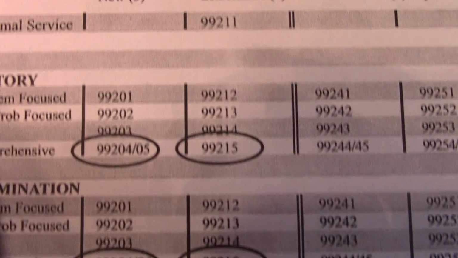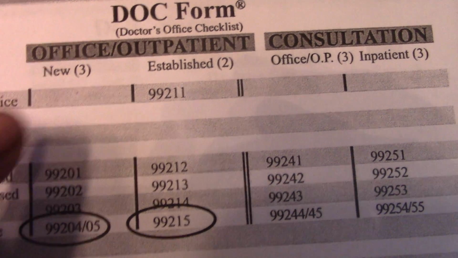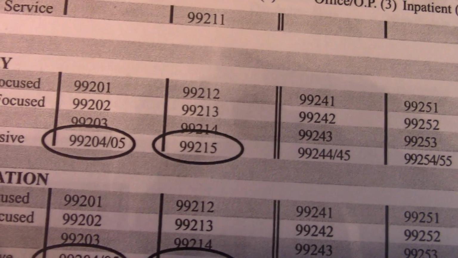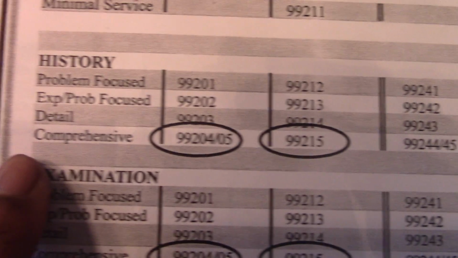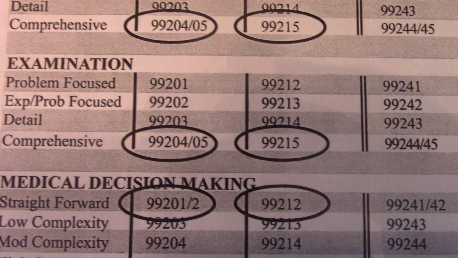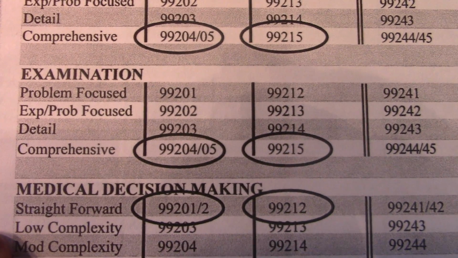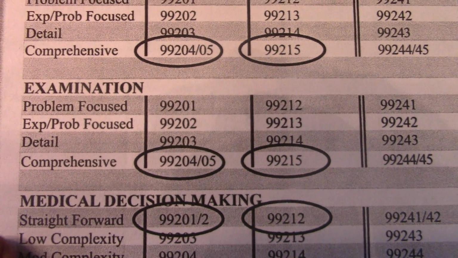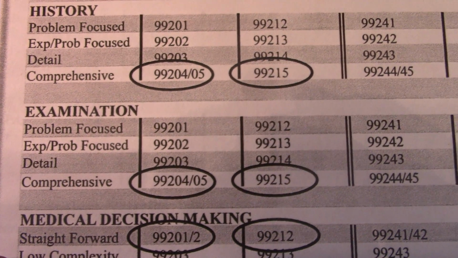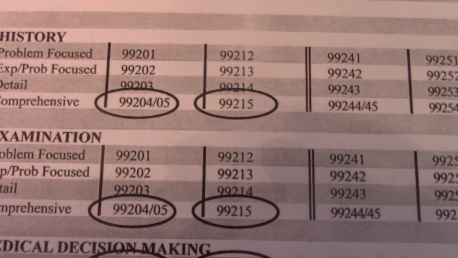So because you have to meet or exceed 3 out of 3 on a new patient, even though you're at a very high level history and very high level exam, because you have a very low level medical decision making, it's going to bring this visit back. You can't stay with that high level history. It's going to bring this back to a 99201/202.